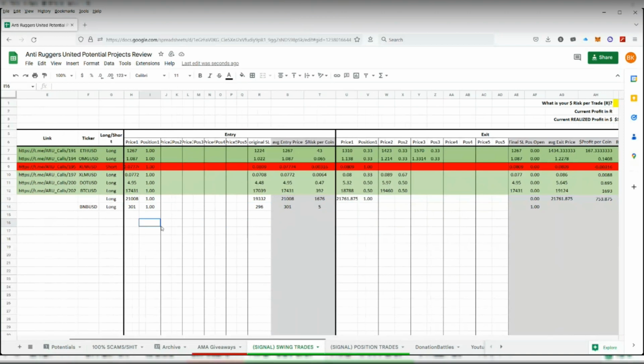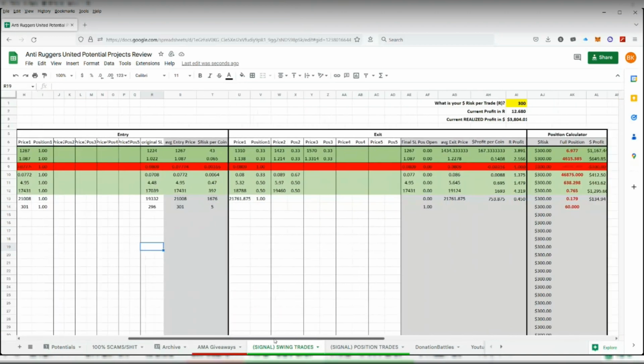All I've got to do is input this information to calculate my position, how much I'm actually buying. Actually, hold on. Let's say I want to risk $100. If I'm risking $100 at $5 per coin, I need to buy 20 coins, right?